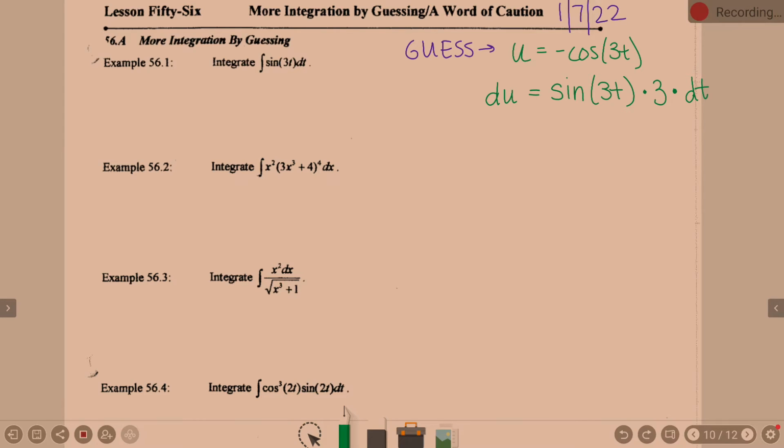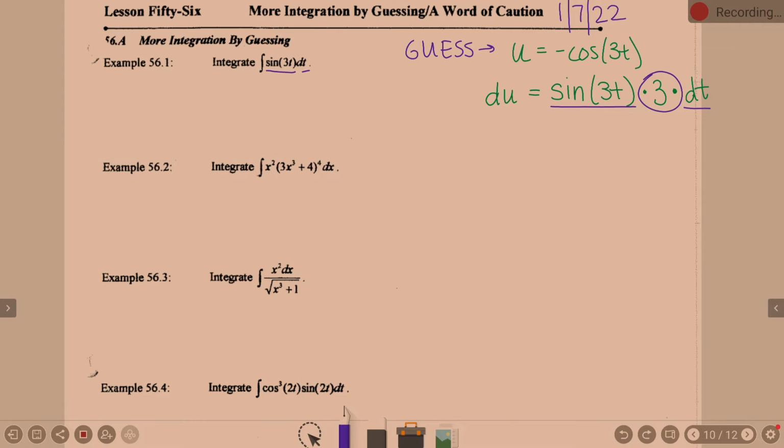Now, the key is, does it all match? Not yet. Good answer. So over here, in my original problem, I have a sine 3t. I have a sine 3t. In my original problem, I had a dt. What doesn't match? The 3. I have a 3 that doesn't match.